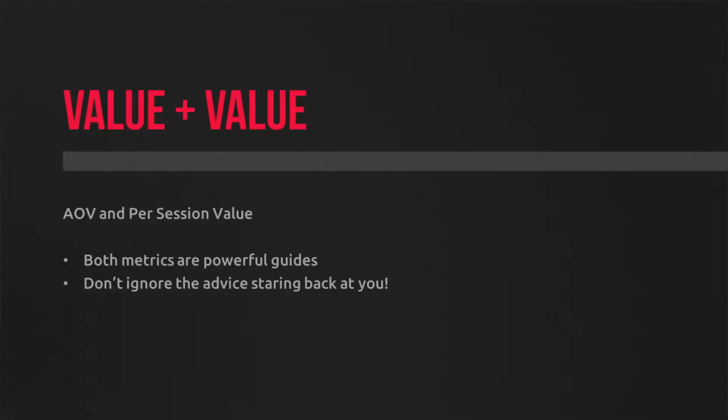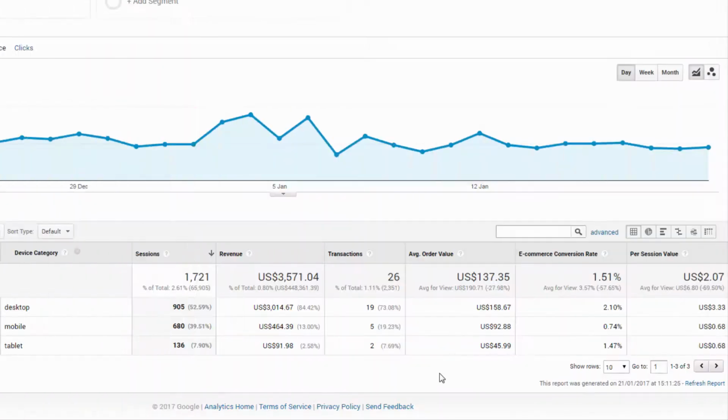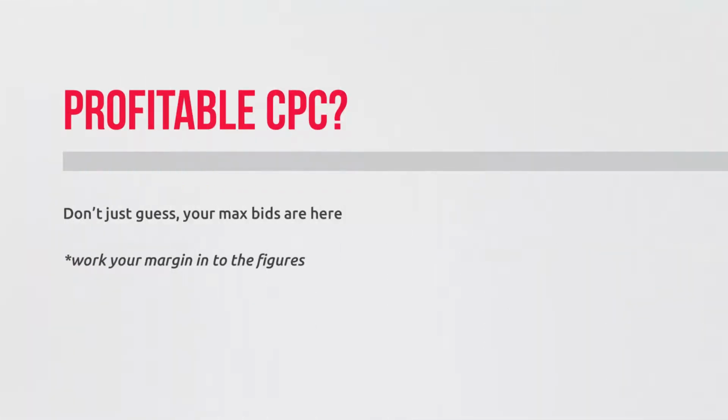I've seen AdWords accounts where, unfortunately, the person managing it has just plucked an assumption out the air and bid up or bid down the devices. You don't have to guess what your bid modifiers should be. In fact, your max profitable CPC is right here in front of you. You need to work your profit margin in, of course, but it's relatively straightforward maths that sets the foundation to your campaign strategy.